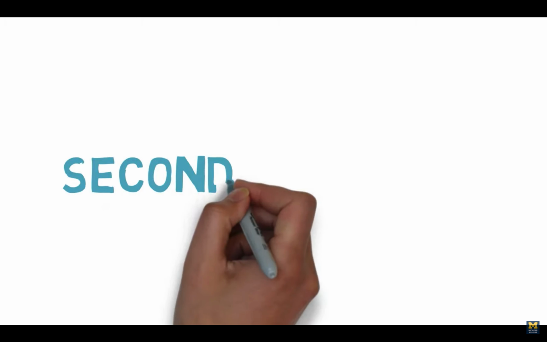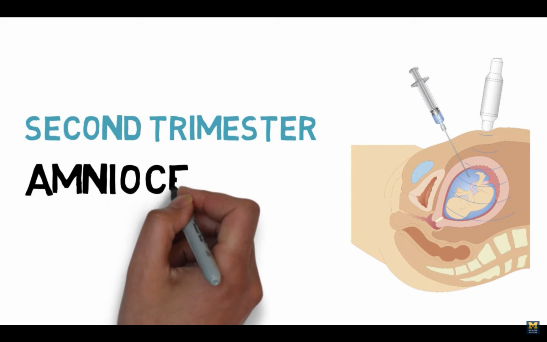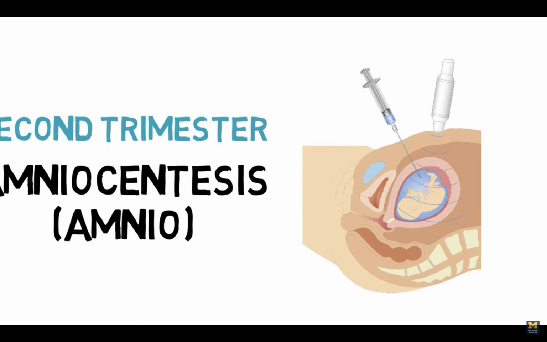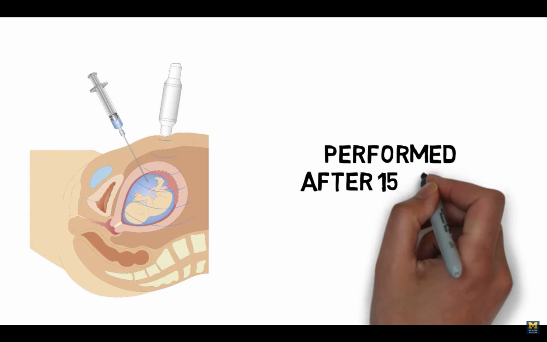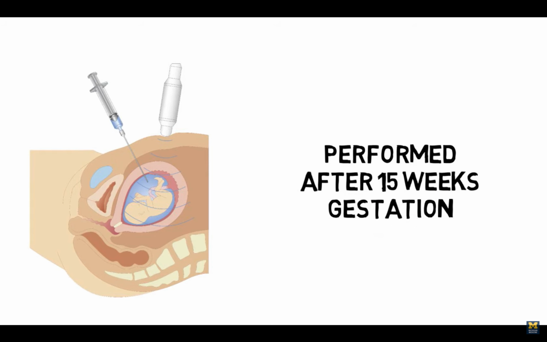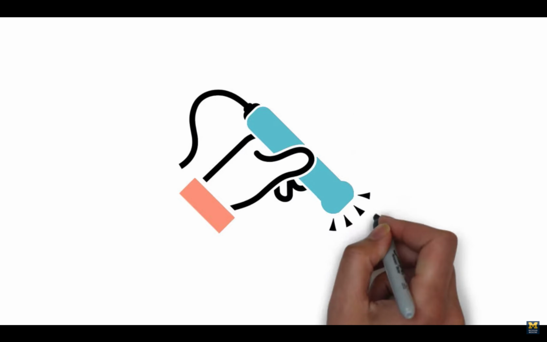In the second trimester, after 15 weeks gestation, an amniocentesis can be performed. An amniocentesis includes placing a needle into the abdomen into the sac of fluid that surrounds the baby. Fluid can be collected without touching the baby. In this fluid are fetal cells that can be used for diagnostic testing. Ultrasound is used during both the CVS and amniocentesis.